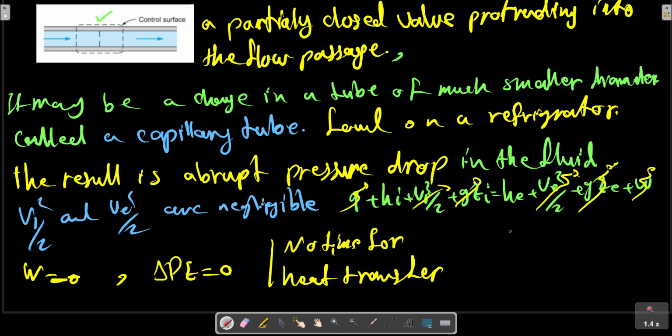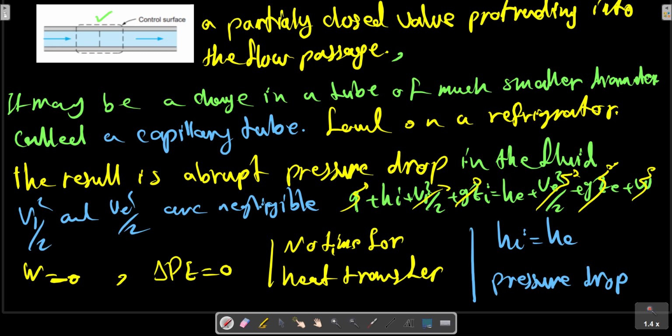We have hi equals he. Pressure drop at constant enthalpy, and we will assume this to be the case unless otherwise noted.